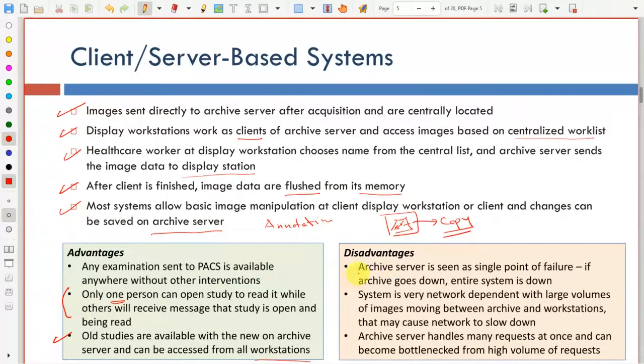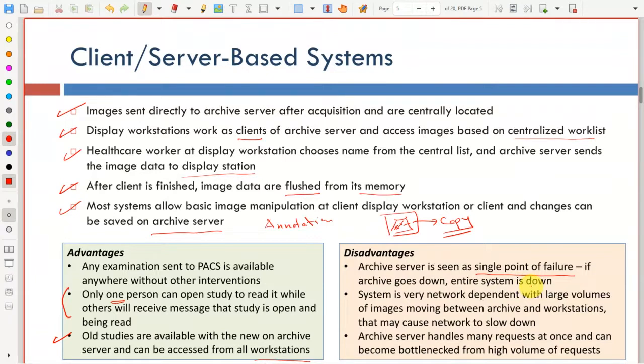The disadvantage is that the archive itself is seen as a single point of failure. What is the meaning of that? It means that if the archive for any reason goes down, then the entire system is down. Every single modality is connected to that archive server, and every single workstation is connected to that archive server.